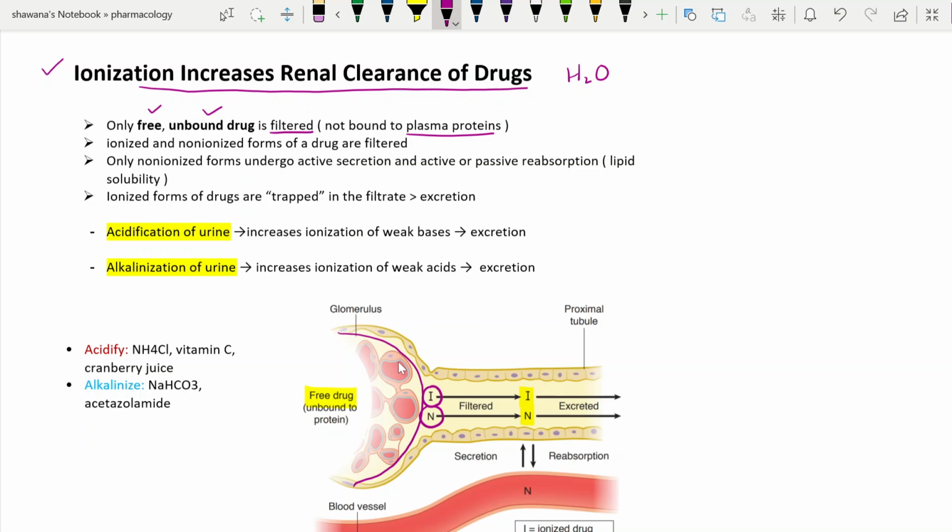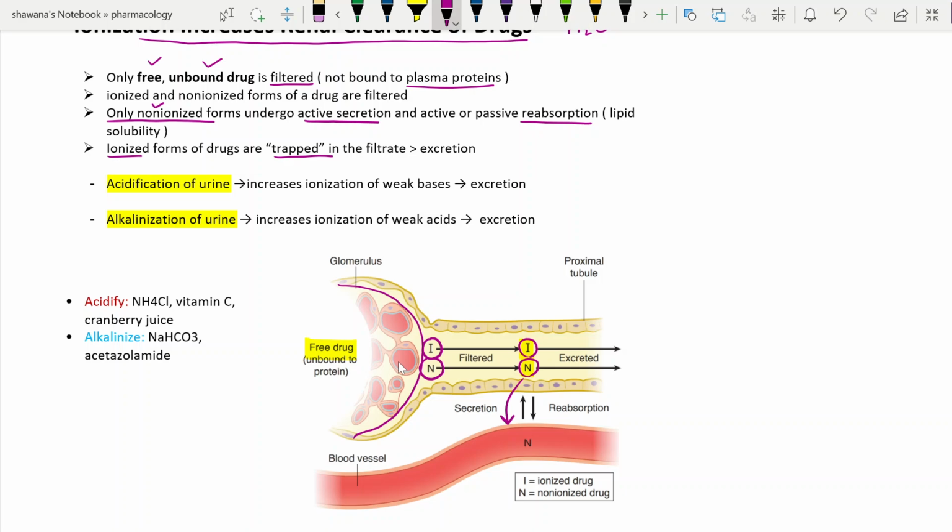Only non-ionized drugs undergo active secretion or reabsorption processes, because these two processes involve the biological membranes. Non-ionized means lipid soluble, and the ionized form gets trapped in the filtrate and must be excreted. Here you can see that the ionized form is excreted and the non-ionized form can undergo reabsorption and secretory mechanisms.